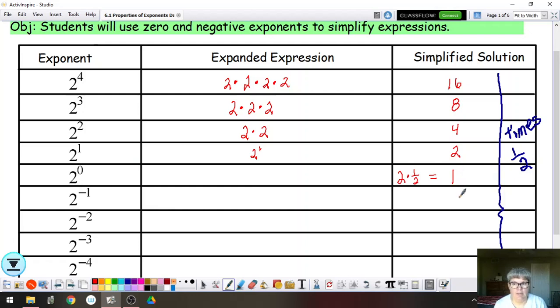And to get my next value, I would take 1 times 1/2, which is 1/2. So if I go back into my expanded expression here, 2 to the negative 1 is the same as saying 1/2. We don't really have an expanded expression for 2 to the 0.